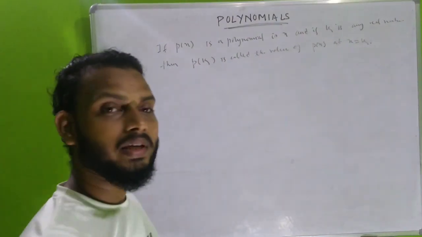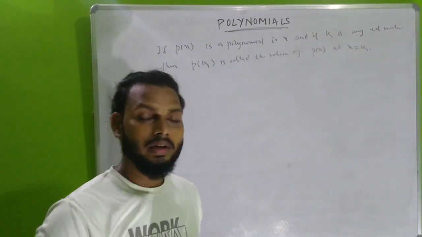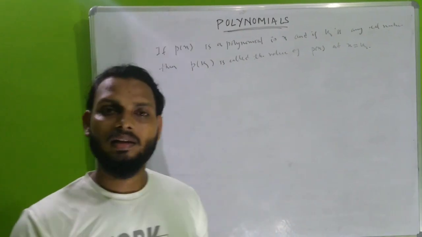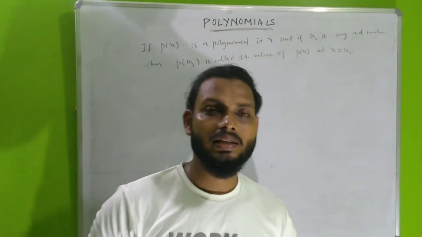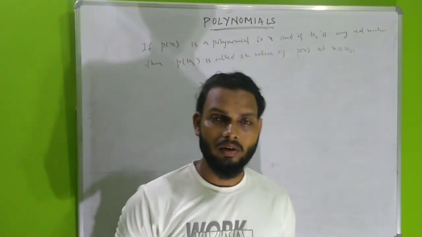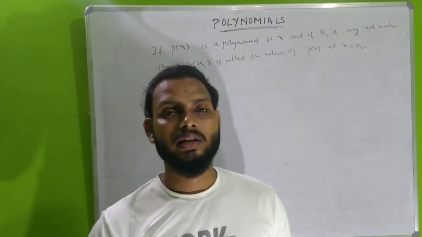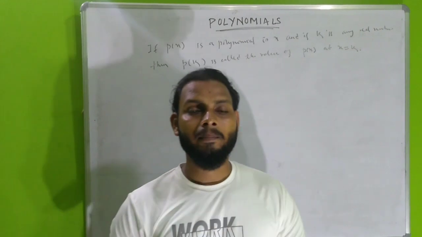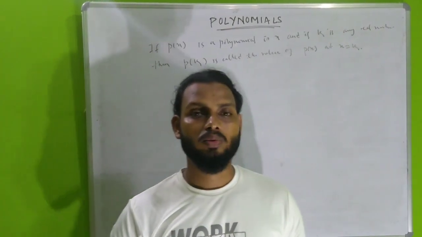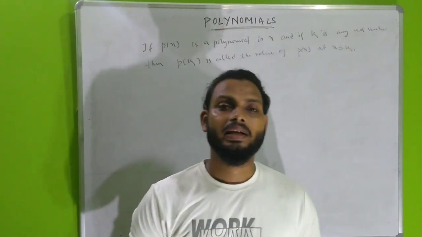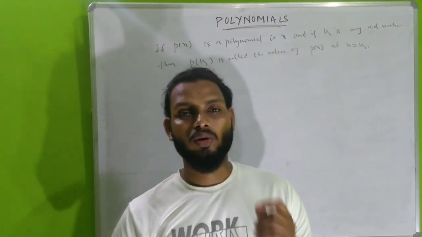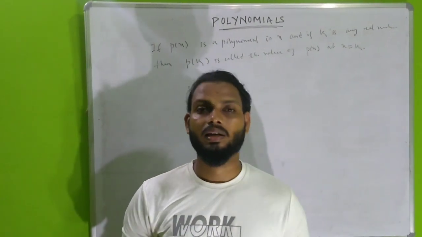So if p(x) is a polynomial in the variable x and k is any real number, then p(k) is the value of the polynomial p(x) at x is equal to k. What I am doing here is just replacing x by k, giving a particular value to x, so that I get a particular real number, and that real number is called the value of that polynomial at that point.